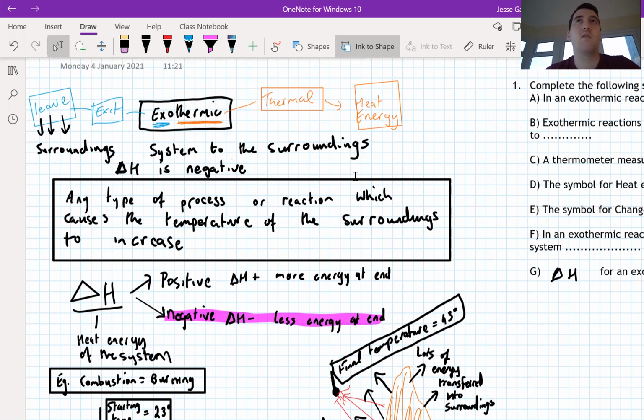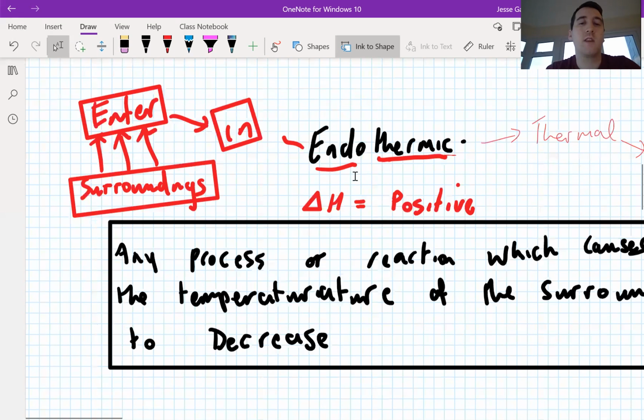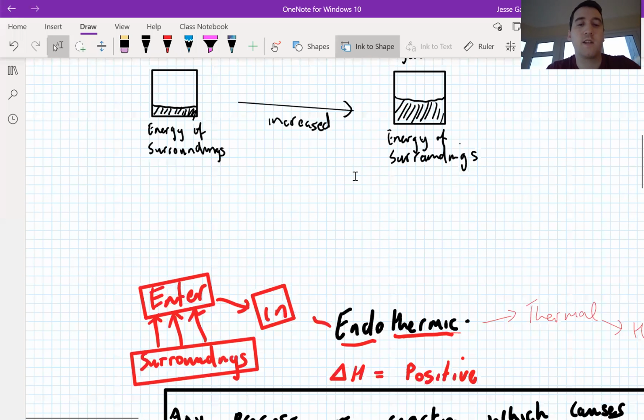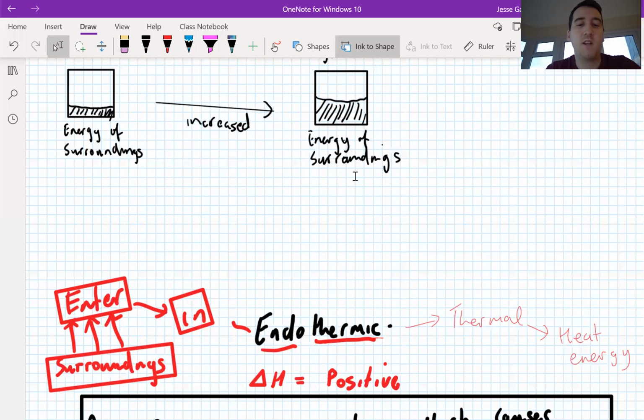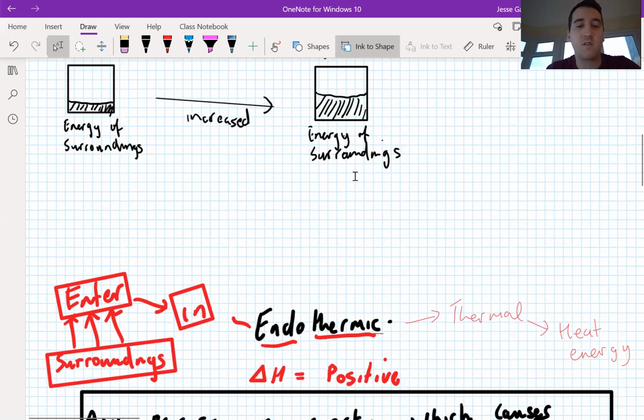What about endothermic? Let's summarize that now. What do we say about endothermic? Summarize it there, speak your answer out. Okay, I'm hoping that you said endothermic has a delta H which is positive. The word endo means in, which means energy goes in or is taken in from the surroundings.